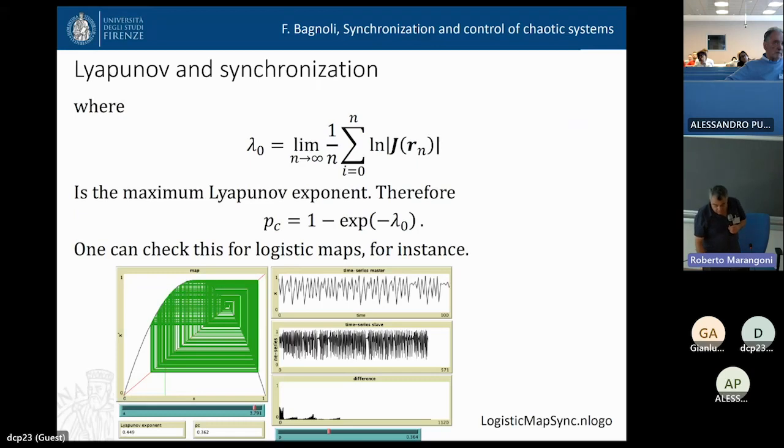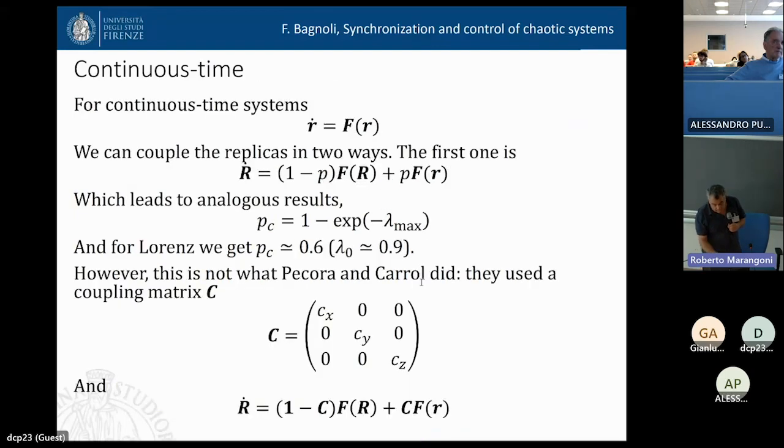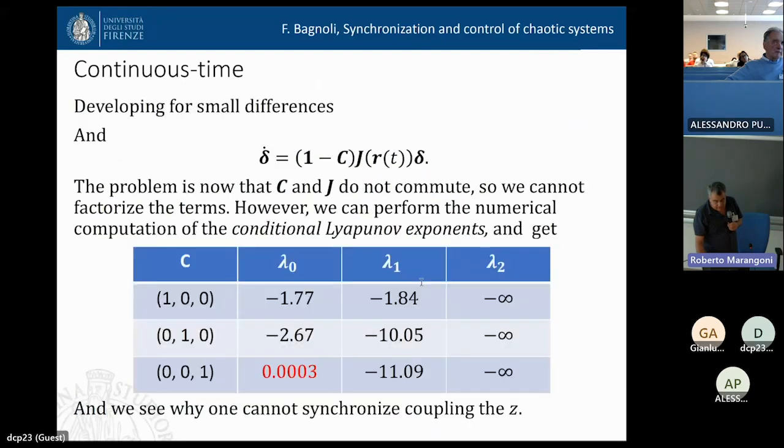This is not true if you... so you can extend this to continuous time, but the problem is that when you are not pushing everything at the same rate, suppose you have a map, which is simple to understand.